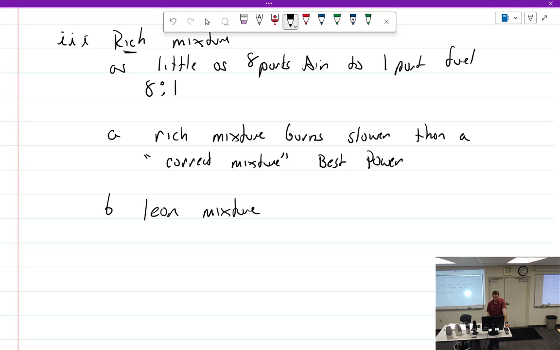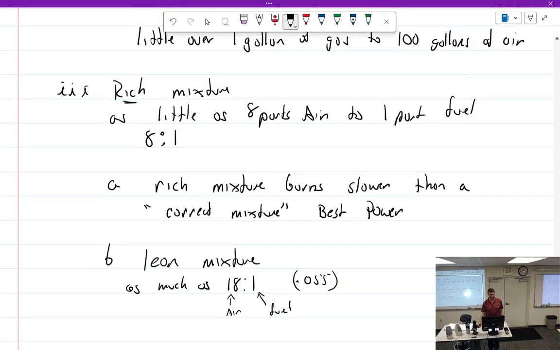Lean mixture as much as 18 to 1. So that's 18 parts air to 1 part fuel, which would be 0.055, as opposed to the rich, which was, did I write that one down?